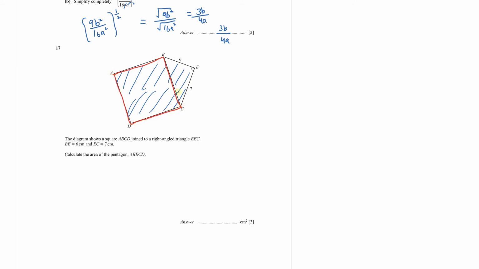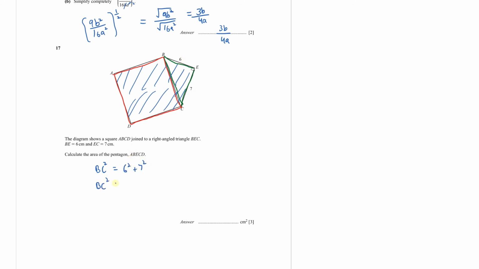And then I can add the area of this triangle to get the full area of this pentagon. So to find the area of the square, I need to know one of the sides of the square, which I can find easily by using the Pythagoras theorem, since this is a right triangle. So this length BC squared will be equal to 6 squared plus 7 squared.